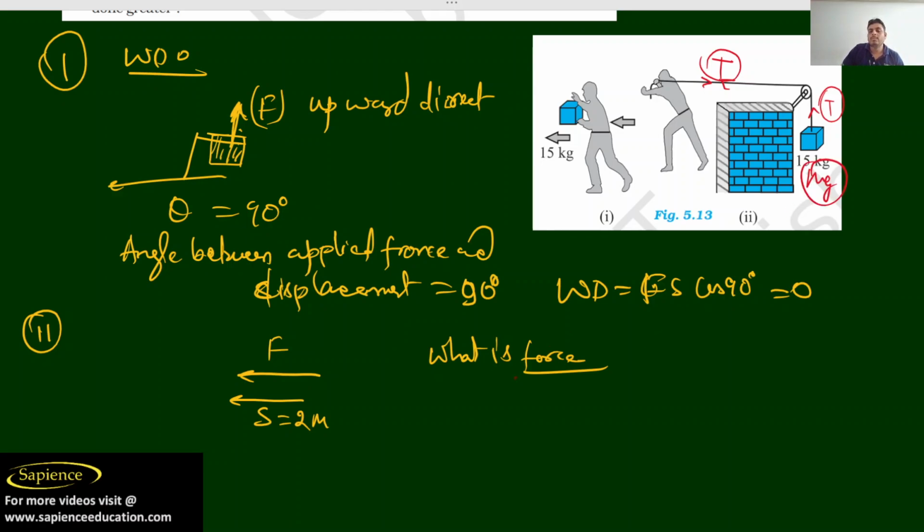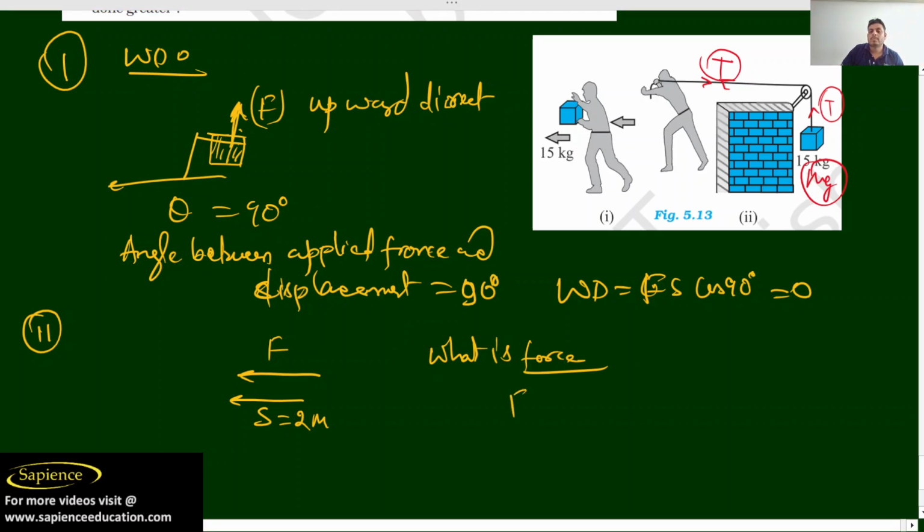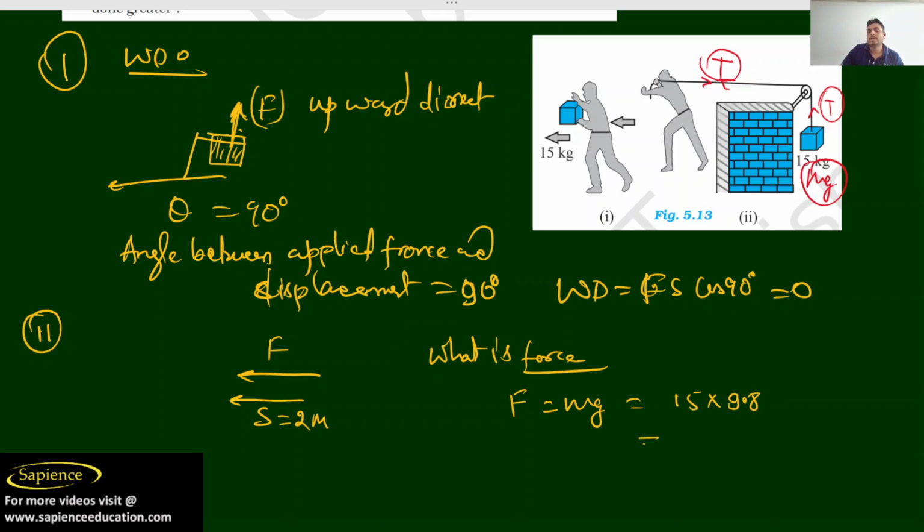So it means the man applies a force equal to mg, and this is equal to mass 15 into g, which is 9.8. So this will be 15 into 9.8, which is 147 Newton.